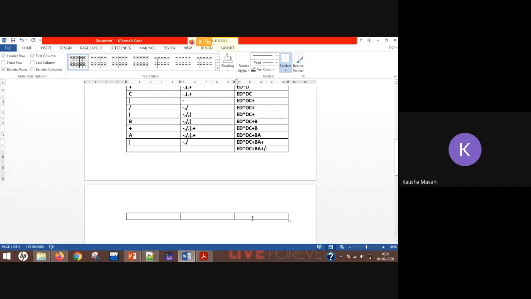Now you have to reverse the string, so minus divide plus, sorry, ab plus cd star de. Okay, so this is your final output, or you can say the final postfix expression.